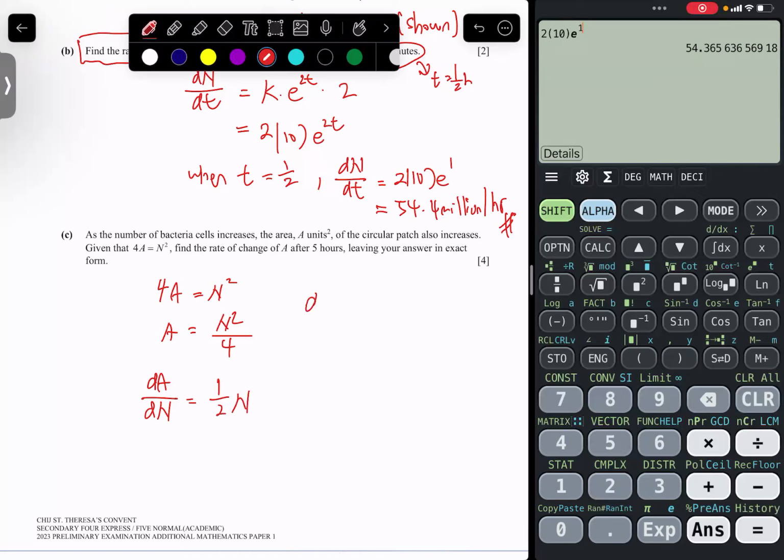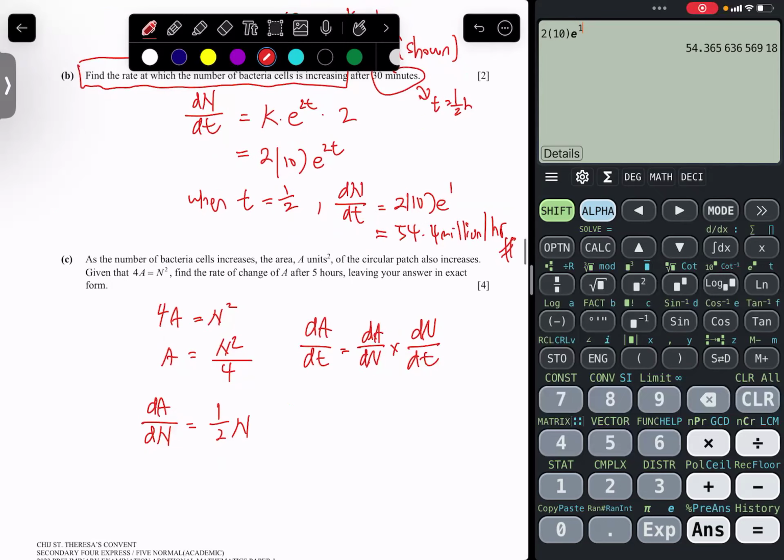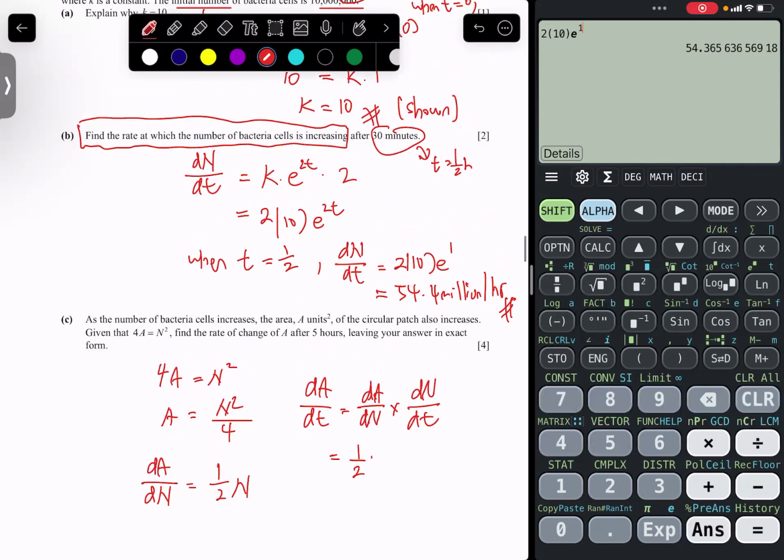So now to find dA/dt, I need to take dA/dN multiplied by dN/dt. That equals half N multiplied by dN/dt, and dN/dt is 2k, or rather 2 times 10 e to the 2t.